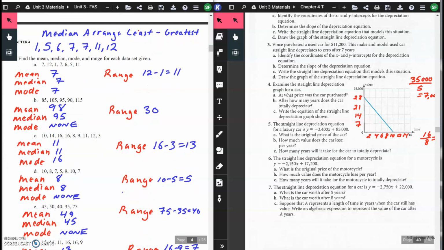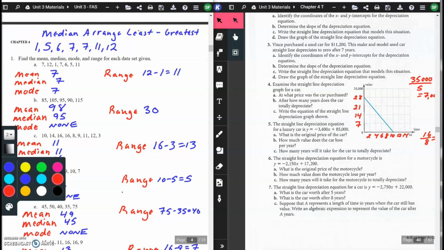It says find the mean, median, and mode range for each data set given. Okay, so the first thing you want to do when you're given a set of numbers is you want to arrange them from least to greatest. So I did that for part A. I took those numbers, 7, 12, 1, 7, 6, 5, and 11, and arranged them from least to greatest. Okay, by doing that, it allows you to find out what your middle number is.